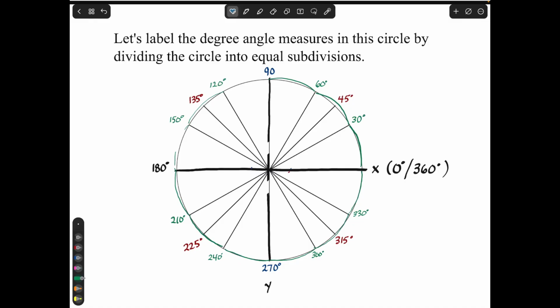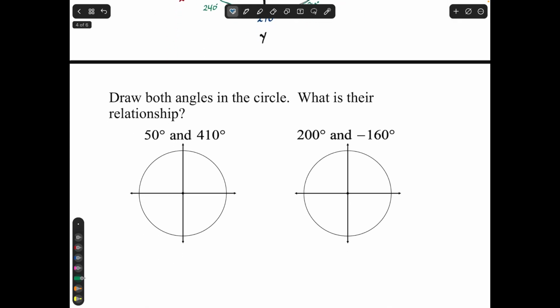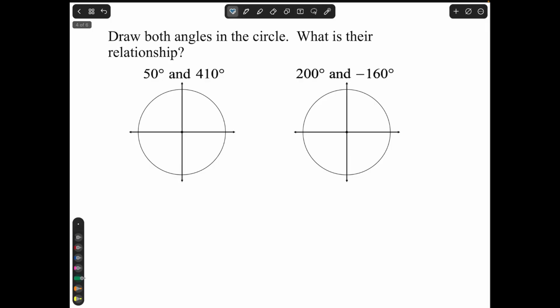So, let's look here at this next slide. It says, draw both angles in the circle, and then it wants to know what is their relationship. So when we draw our angles in the unit circle, remember we've got a circle there, and it's got the x-axis and the y-axis on it. Remember, this is our initial side, so this is where our angles always start, right over here at 0.